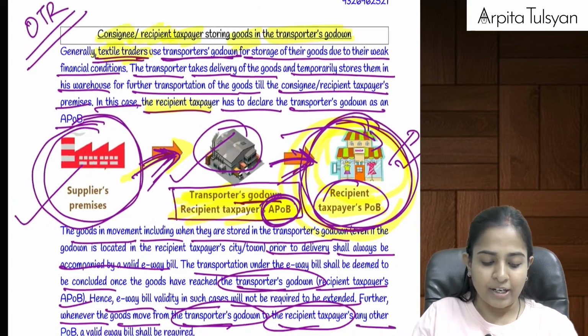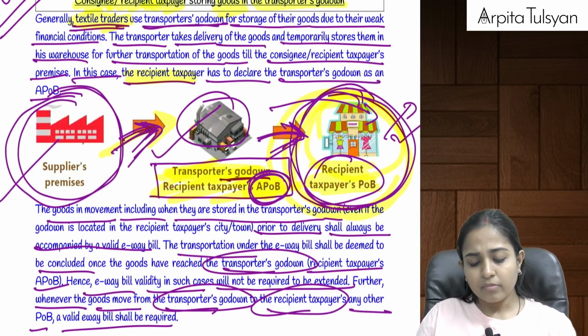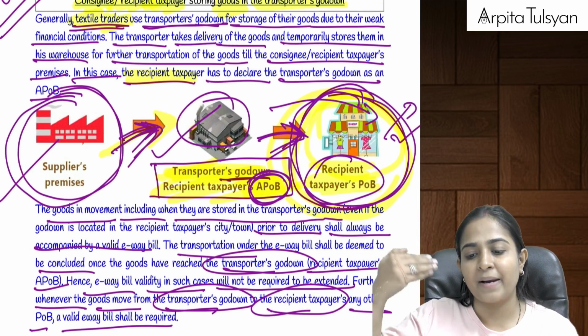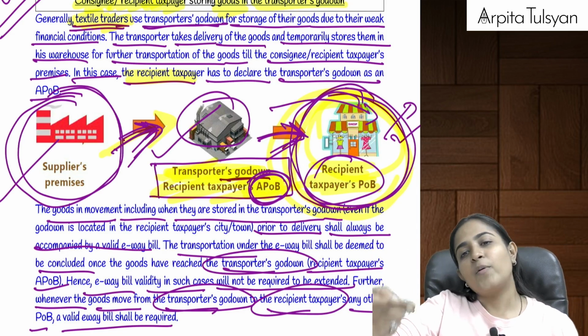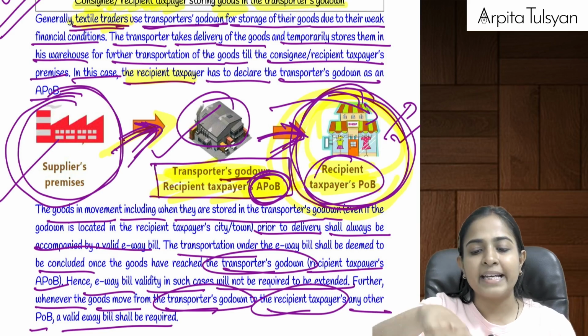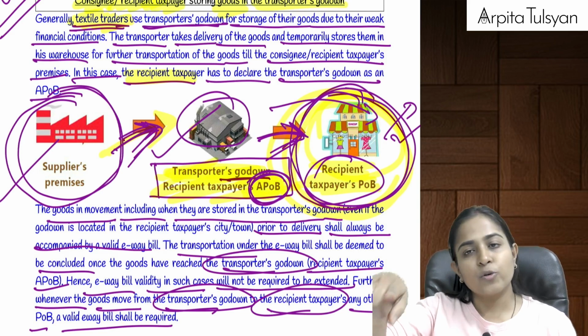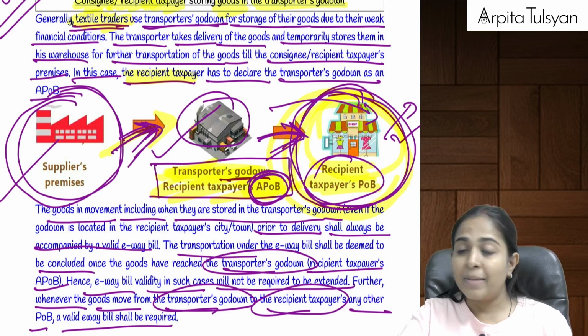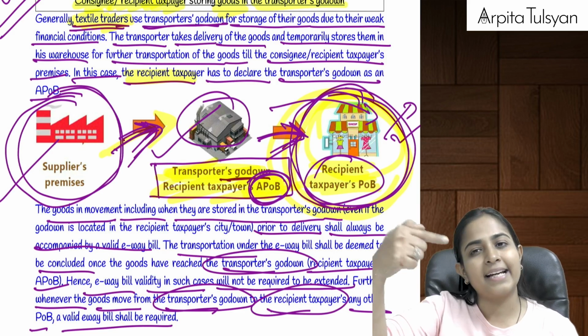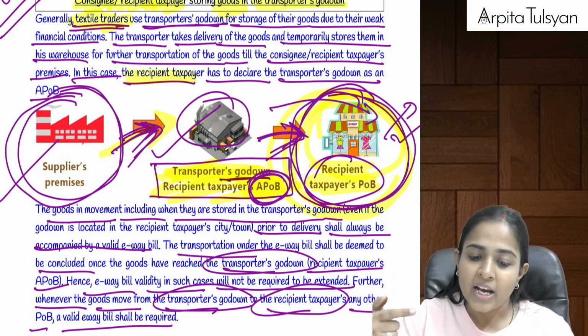And the last point coming up here is, suppose the supplier has supplied some goods to the recipient, and the recipient is not in a position to keep the goods in his premises, so the recipient requests the transporter to keep the goods in the transporter's warehouse. So the recipient's goods can be kept in the transporter's godown or warehouse, but such place should be declared as the additional place of business of such recipient.